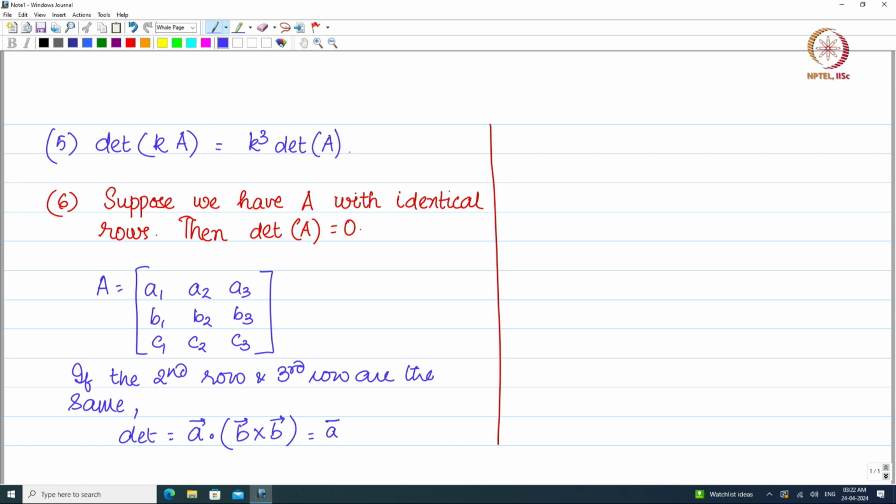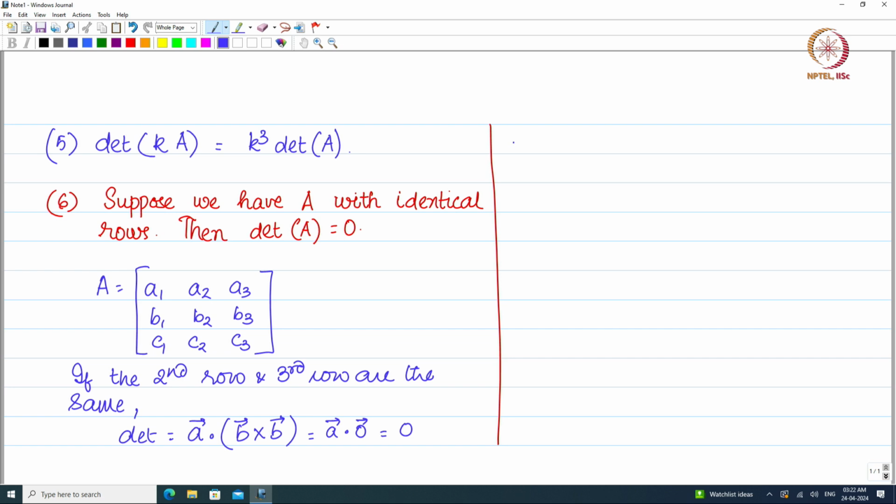So, we get A dot 0 vector and that is going to be 0. Why? B cross B, B and B are in the same direction, therefore the angle between them is 0. So, you get A dot 0 vector, which is going to give me 0, and that is why we say that if two rows are identical, the determinant is 0.